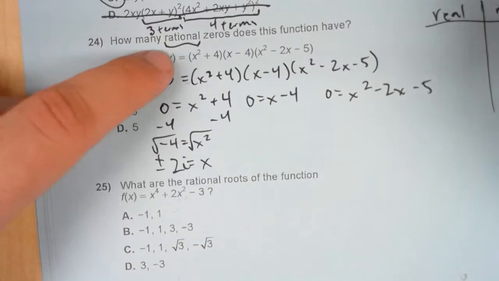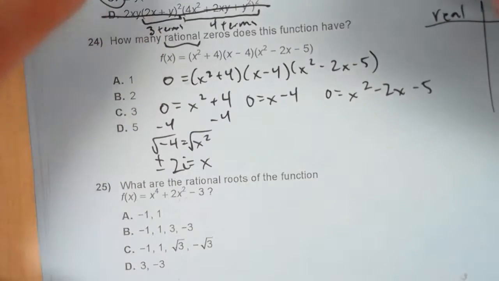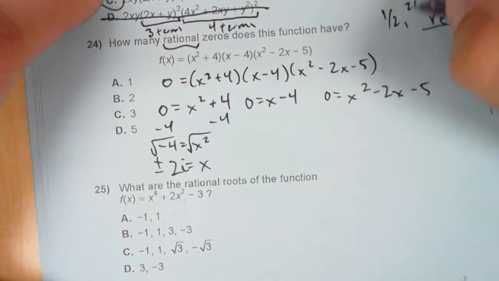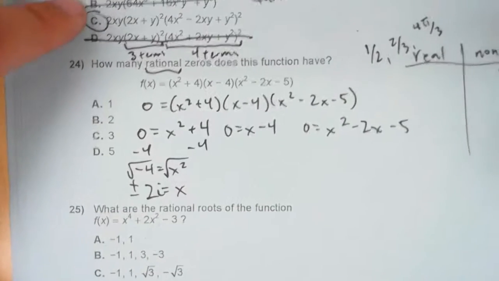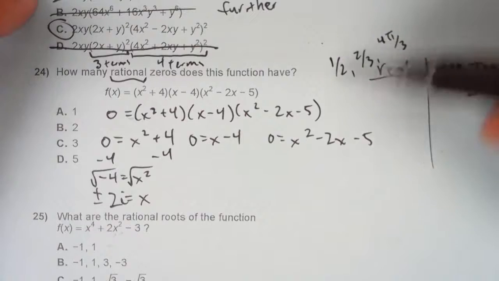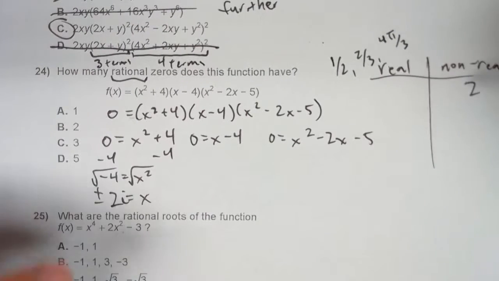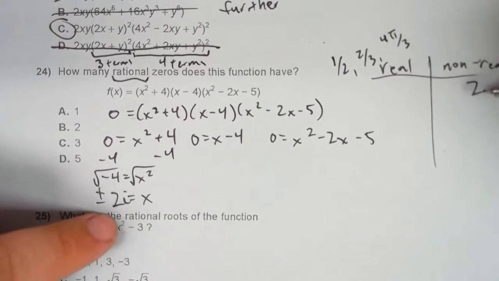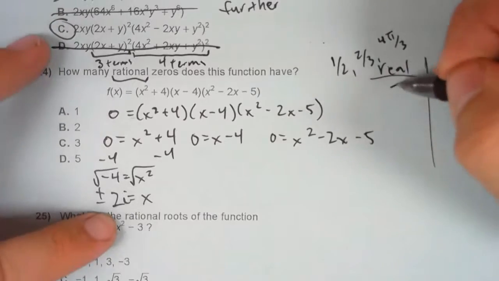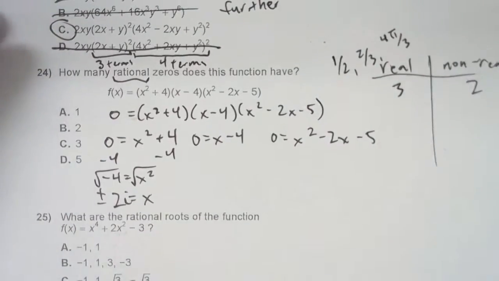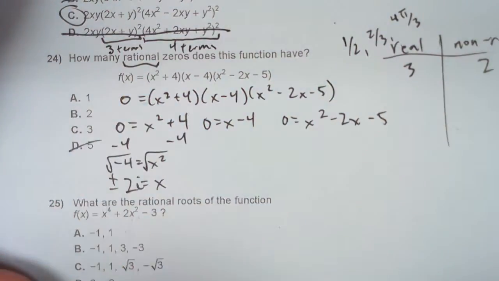And for a number to be rational, it has to be a real number. Remember, rational numbers are like 1/2 and 2/3 and things like that. So if we get 2 non-real, because they're complex, we only have 3 real possible solutions at this point, which says we definitely don't have 5.